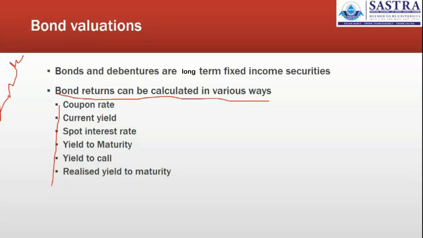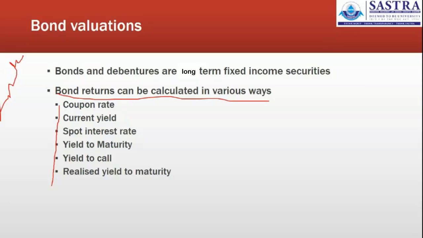It's like an 8% debenture, 10% debenture, 12% debenture. An RBI saving bond is available in the market for 8.5%. In the instrument itself, the interest rate is mentioned.